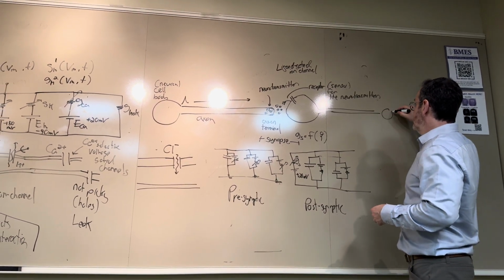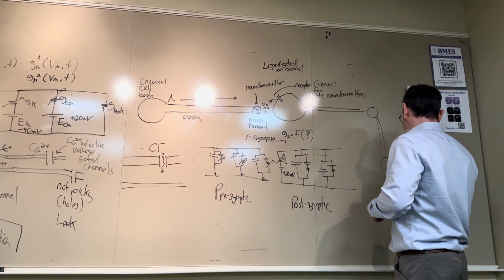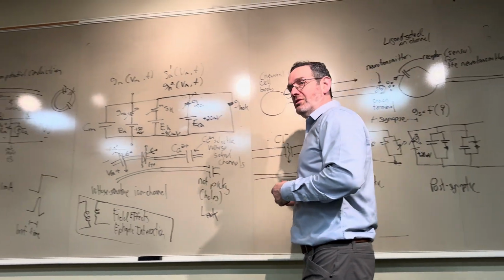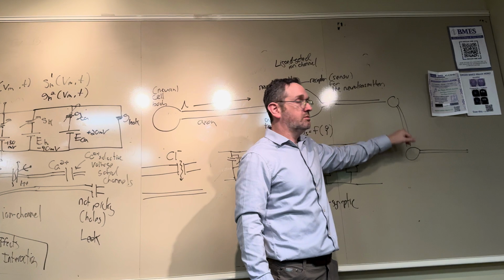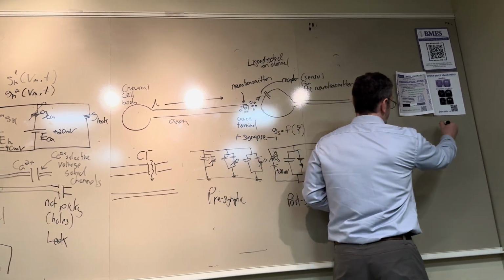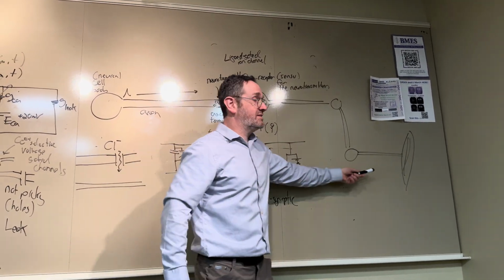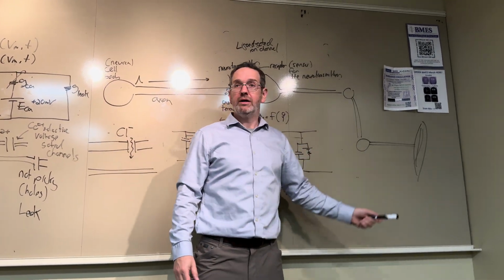There might be another cell, then another action potential, and then another cell, and another action potential, right? If you stop to think about it though, why did I need these other cells? If let's say it's a muscle cell here, and the goal is to contract the muscle cell, just run the line the whole way.